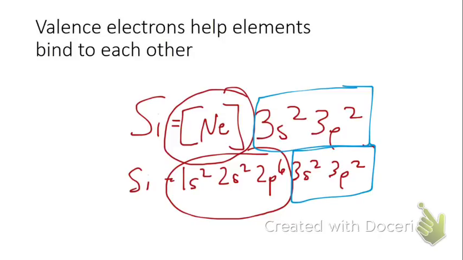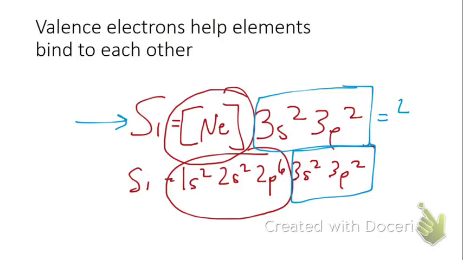And so how in the world do we know what the valence electrons are? Well, there are two ways. One way is we can do the noble gas configuration. Everything in the noble gas portion is the core. Everything outside of that would be the valence.